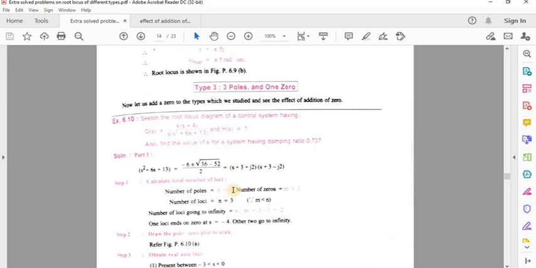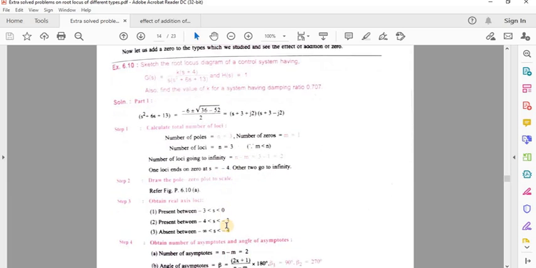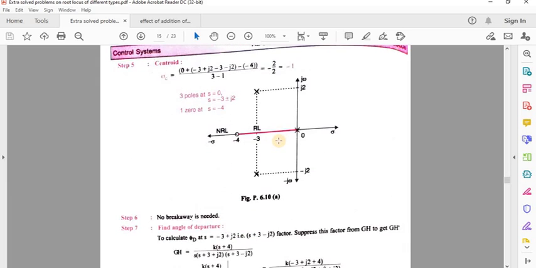The number of poles is 3, the number of zeros is 1, so the number of loci will be equal to the poles, because poles are greater than zeros. The number of loci going to infinity will be 2. One locus ends at the zero at s equal to minus 4.